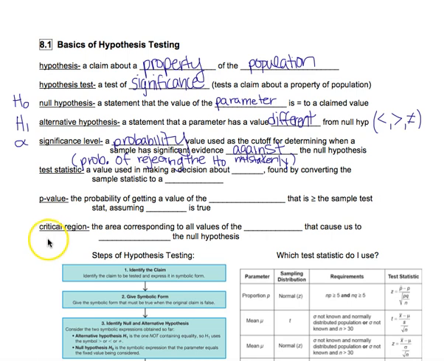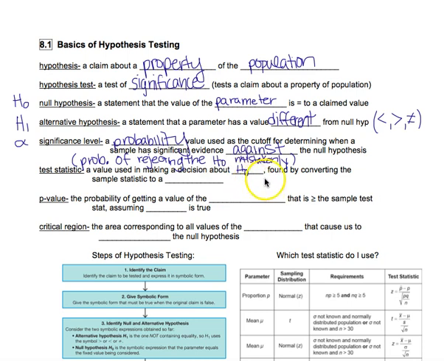When we do hypothesis testing, we're going to use 2 different methods. We're going to use the p-value method, and we're going to use the critical value method. So for those, we need to know what a test statistic is. And a test statistic, by definition, is a value that's used in making a decision about the null hypothesis.